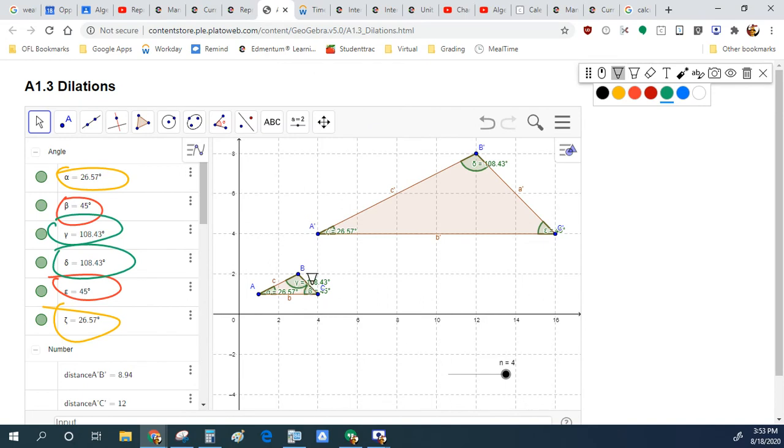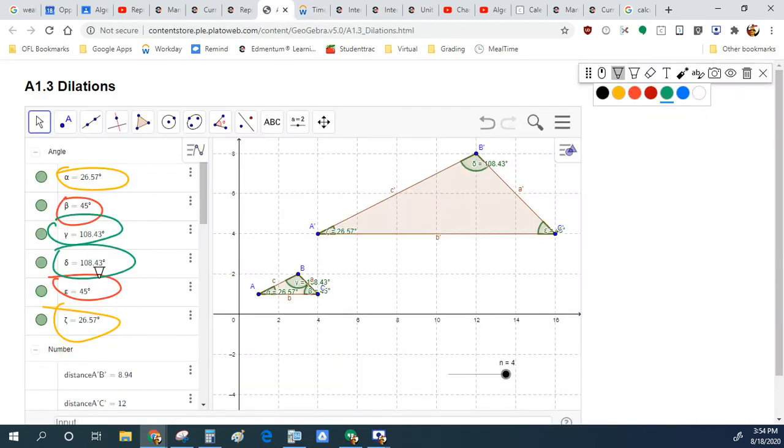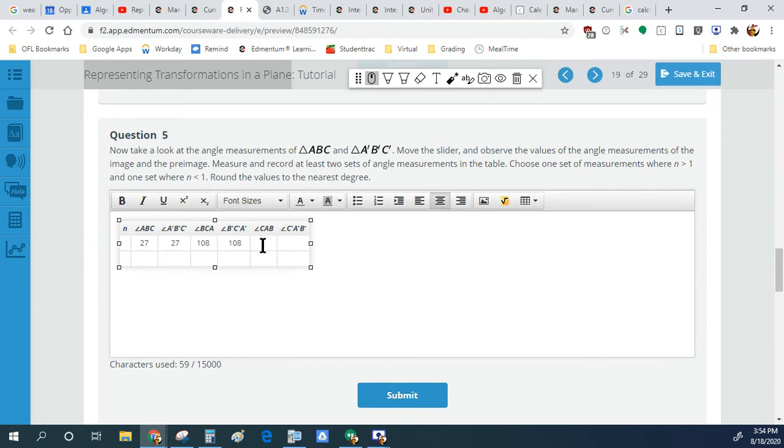Over here, I'm looking at this angle B, which is 108 degrees. So I'm going to say that's 108. That's 108. And then I'm going to go to the last one, which is 45. And I'm going to say this is 45 and this is 45.